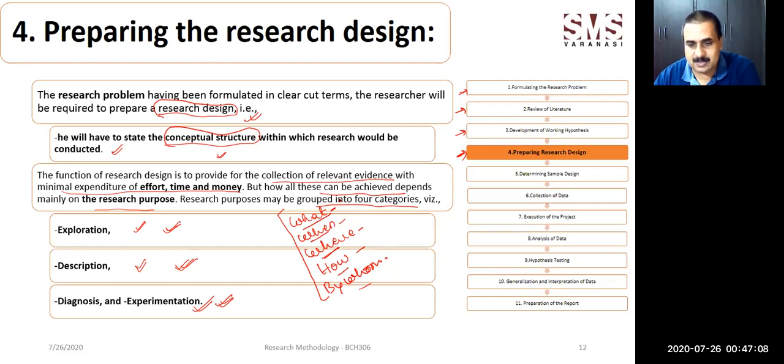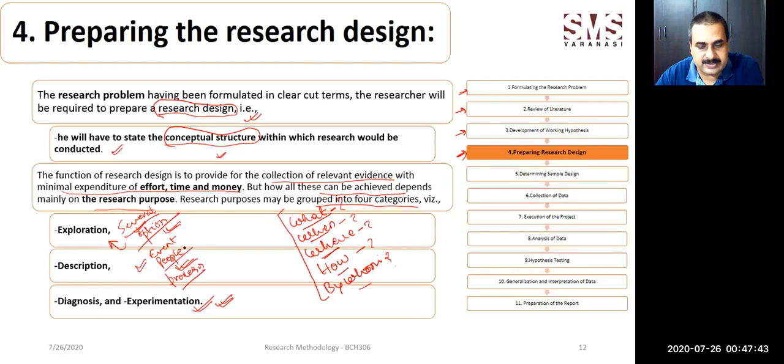So these are the basic questions which any research design tries to answer, and for answering they use exploration. Exploration means several options are there, and you want to choose the best possible option through exploration. Descriptive means either it is an event, people, or process.